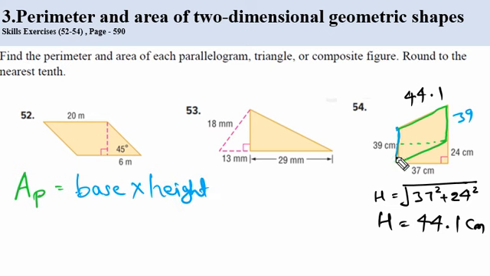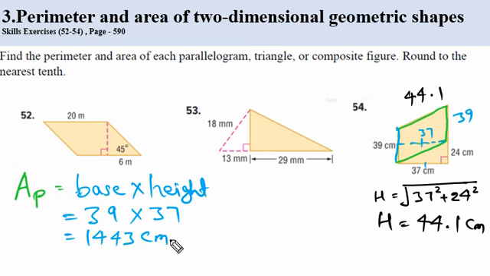Base is 39, height is 37. 39 multiply 37 will give you 1443 centimeter square. So that is the area for this parallelogram.